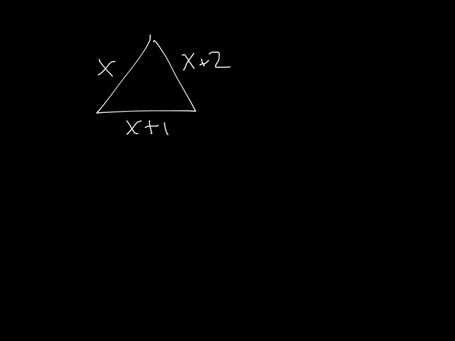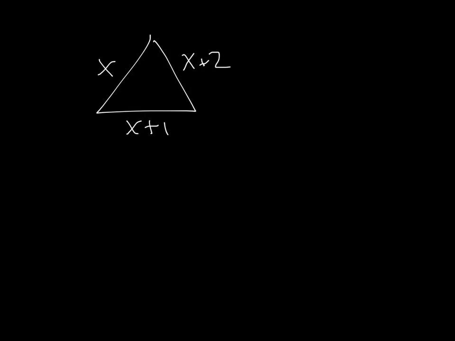And the perimeter is 33. And it asks, what is the length of each side? So, if the perimeter is 33, that means the distance all the way around is 33. That means if I took x and added it to x plus 1, and then added all of that to x plus 2, that would equal 33.